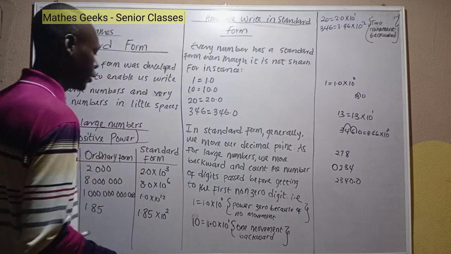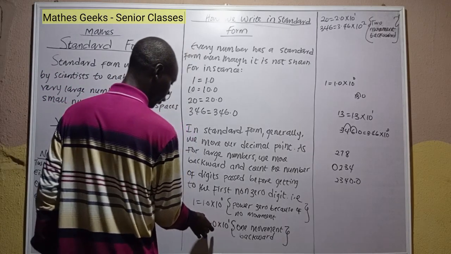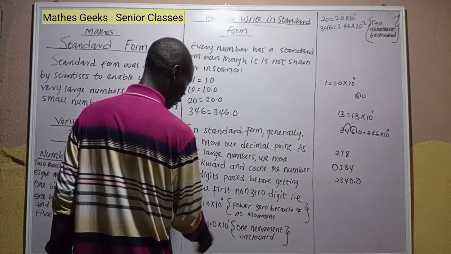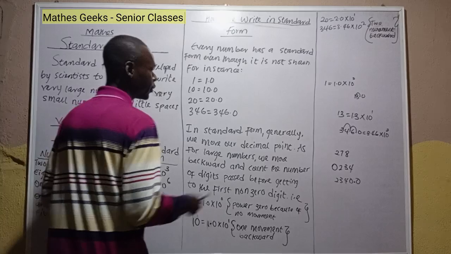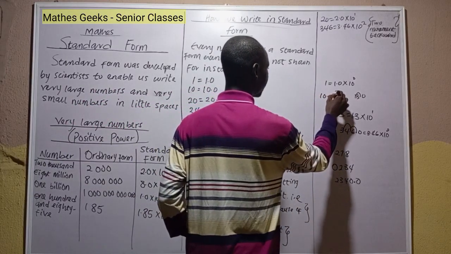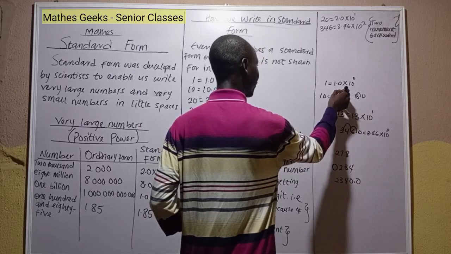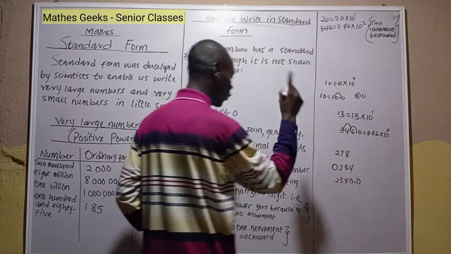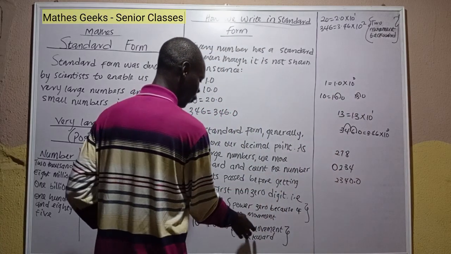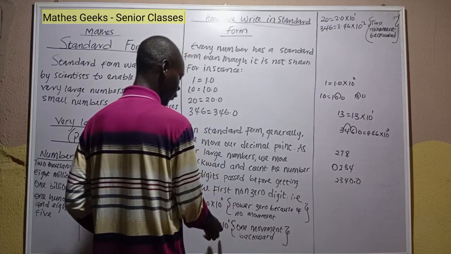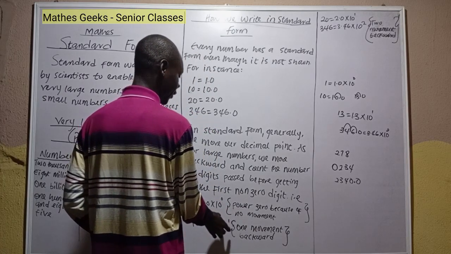That's what it implies. Then 10 is equal to 1.0 times 10 raised to 1. The ordinary form of 10 is 10.0. If you move this decimal point backwards, that was only one movement. So one movement backward will give us 1.0 times 10 raised to 1.